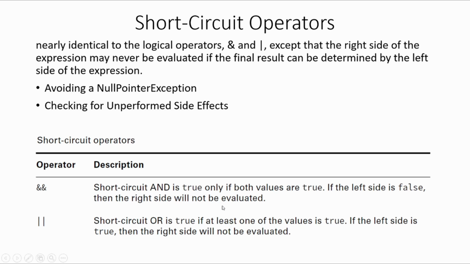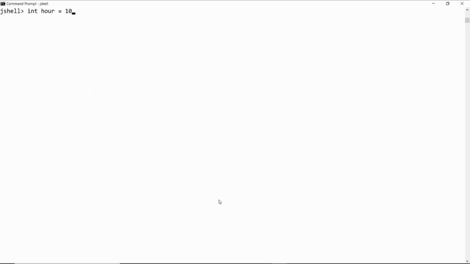Okay, let's see that. int hour equals to 10, and then I define the zoo open, a boolean variable, equals to true, short circuit OR hour is less than 4. So our value is 10, 10 is less than 4 is false.